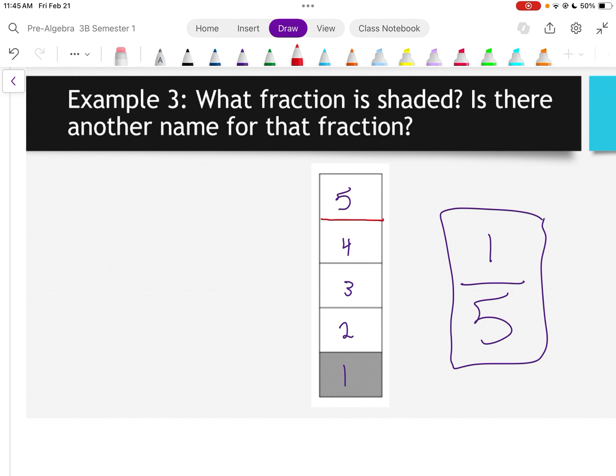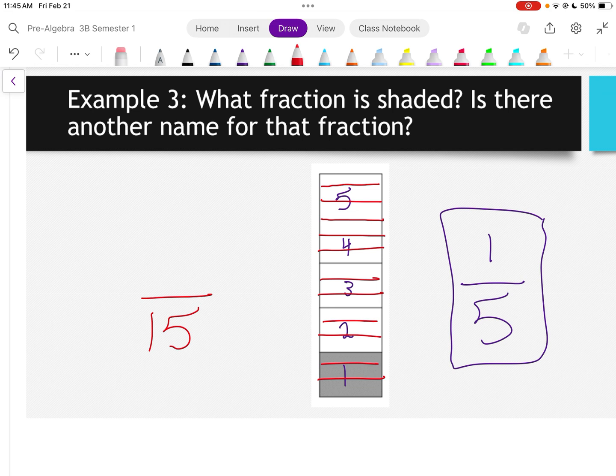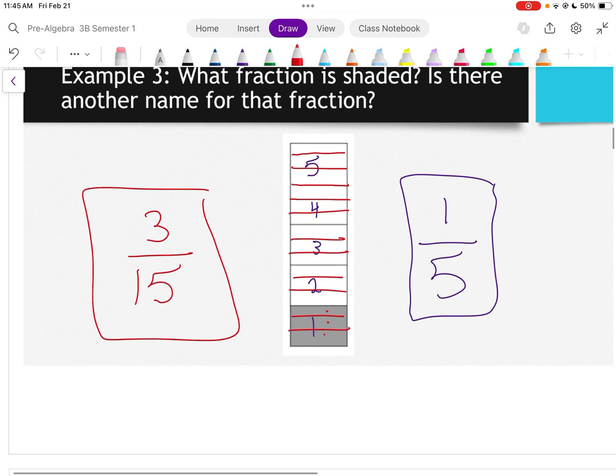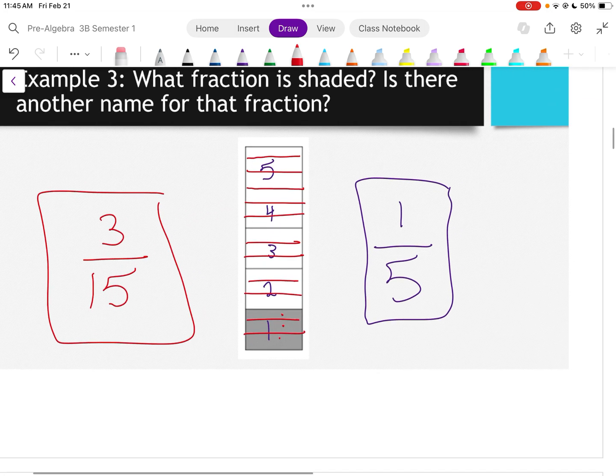To find another name for that, we could split these into 3 pieces if we wanted to. The last time we did 2, this time let's do 3. So if I split each of those into 3, there are now a total of 15 parts. And of those 15, only 3 are shaded. So another example of an equivalent fraction would be 3 over 15.